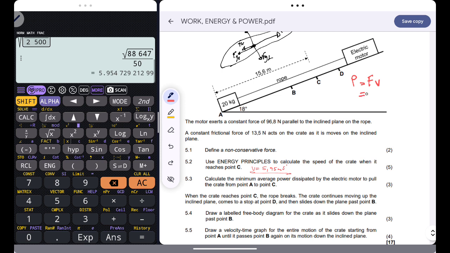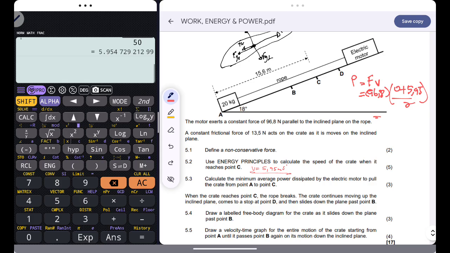I know that the tension is 96.8 tension on the rope, and then the average velocity, we'll simply say take initial velocity plus the final velocity all over 2, then that will give us the average power. 96.8 multiplied by 0 plus 5.95 all over 2.